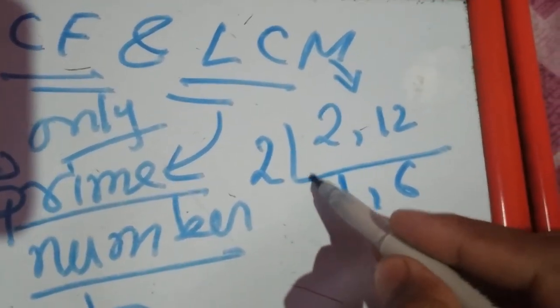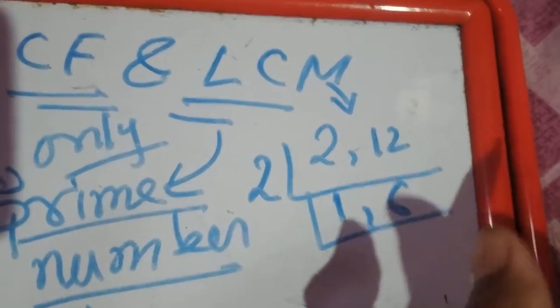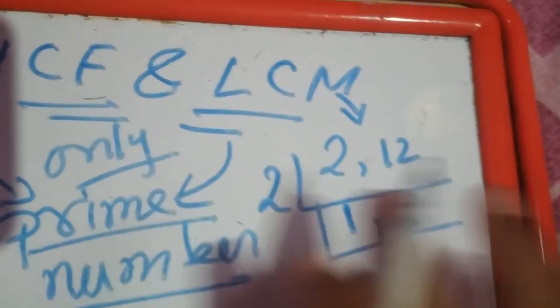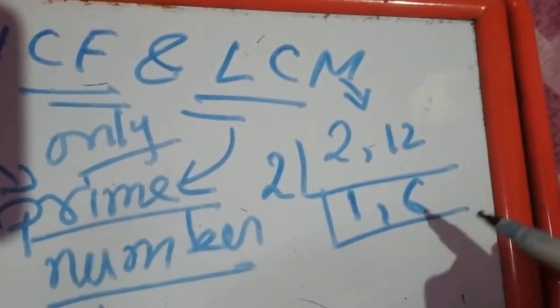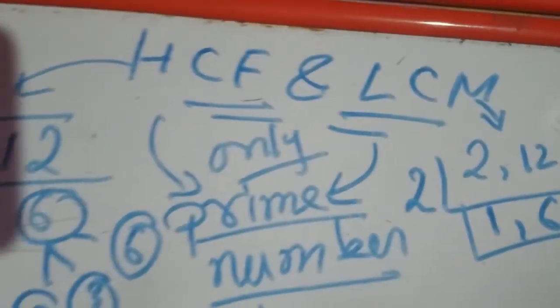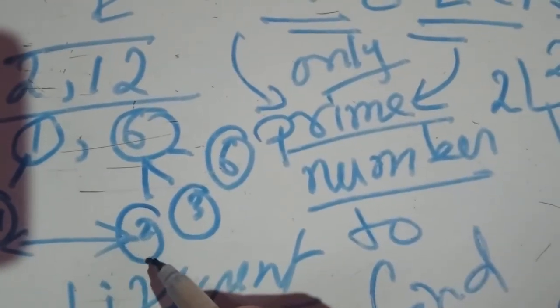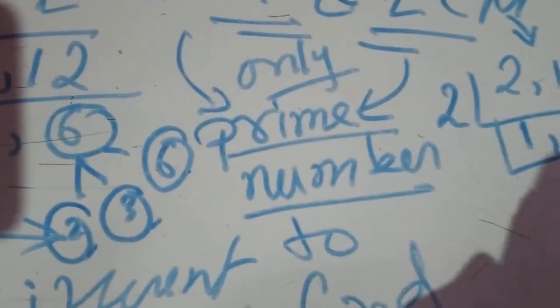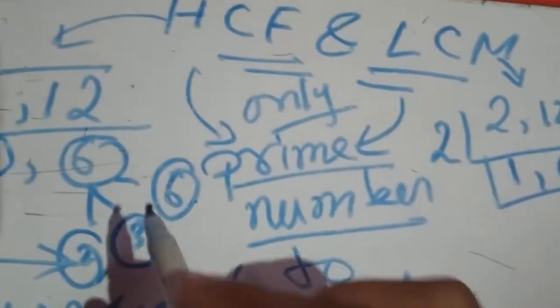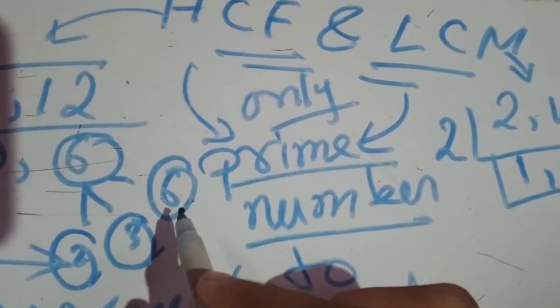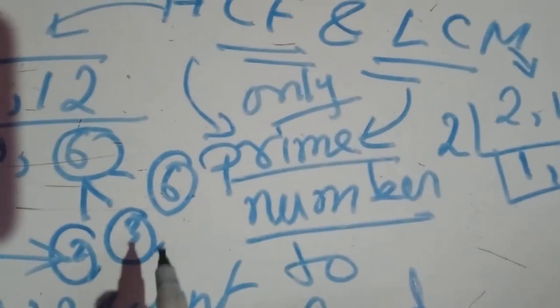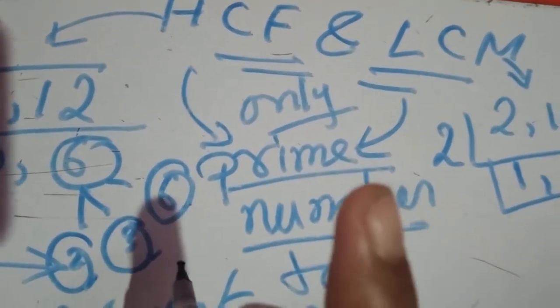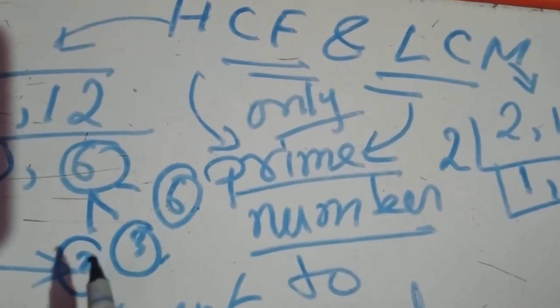Since 1 is in its simplest form, we leave it, no need to do anything with it. Then we do 6. See, 6 can be divisible by 2, 3 and 6. We have to use only prime numbers, so we will not use 6. But 2 and 3 are both prime numbers.